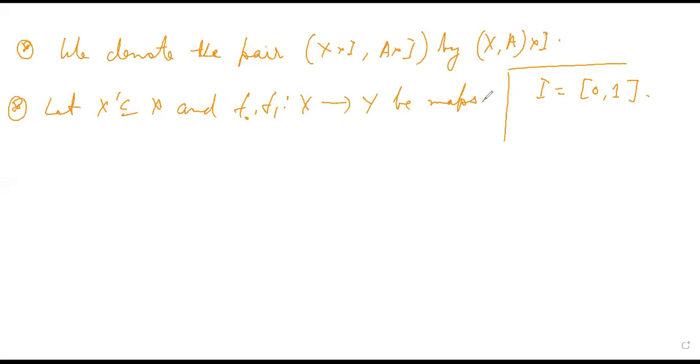So these are maps which agree on X prime. That is, f0(x) equals f1(x) for every x in X prime.